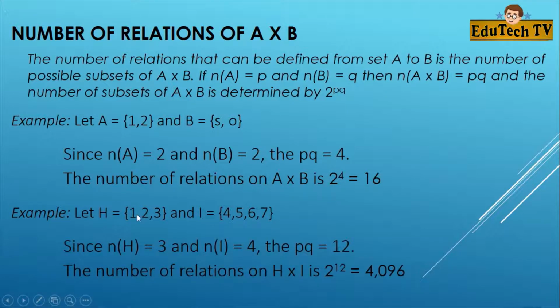Since the cardinality of H is 3 and the cardinality of set I is 4, then we'll have 2 raised to 12, which is equal to 4,096 subsets. Okay, so marami yan. So it's time consuming kapag isusulat natin lahat. So ang importante, alam natin kung paano kunin yung number of relations on given two sets.